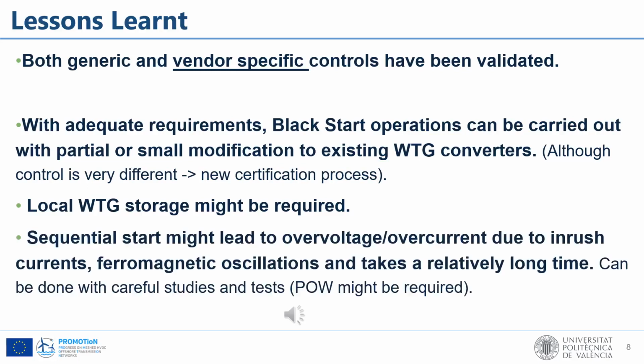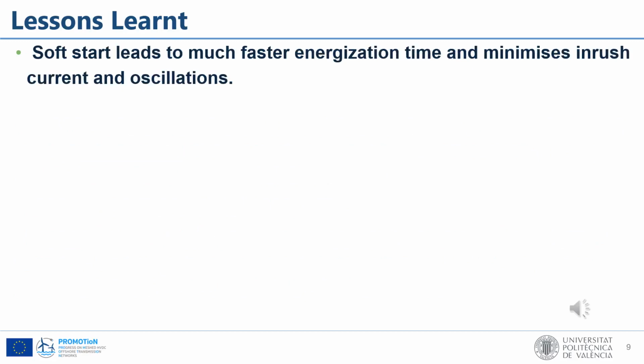Regarding sequential black start, a very detailed study has also been carried out, and it is possible, even though in some cases we might have a large overvoltage and overcurrent that in a few percent of cases can trip the wind turbines. On the other hand, soft start leads to a much faster energization, and there's almost no inrush currents or oscillations.